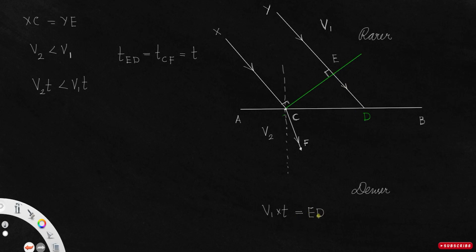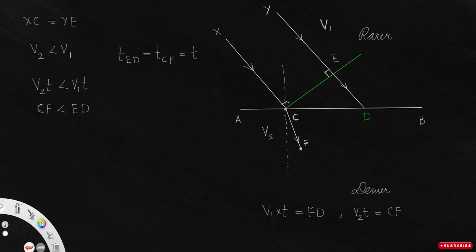Similarly, V2 into T means the distance in the denser medium, that is CF. So CF is less than ED. Clear? So this length will be greater since the velocity is higher in the rarer medium. That's the anomaly in here. CF is a little smaller than ED.